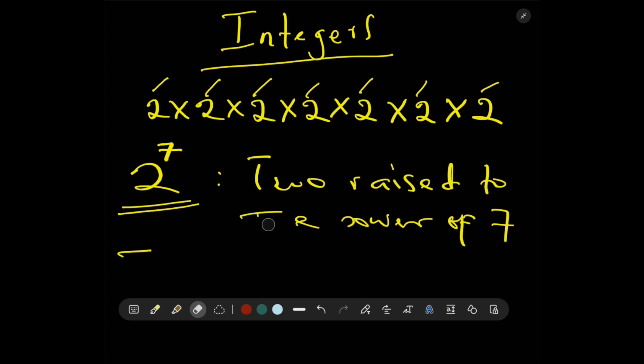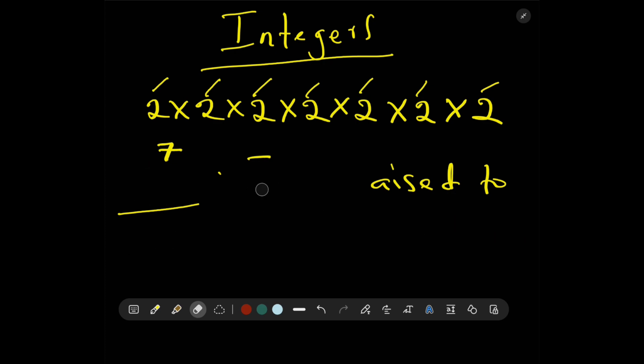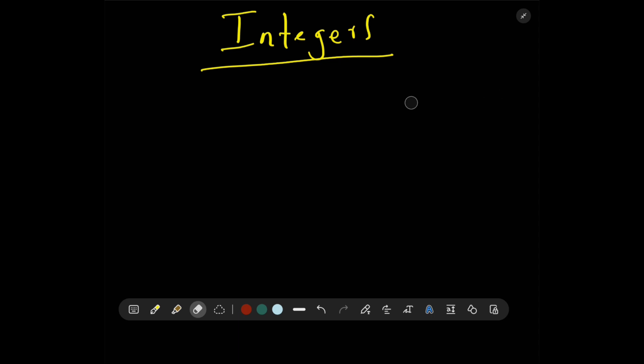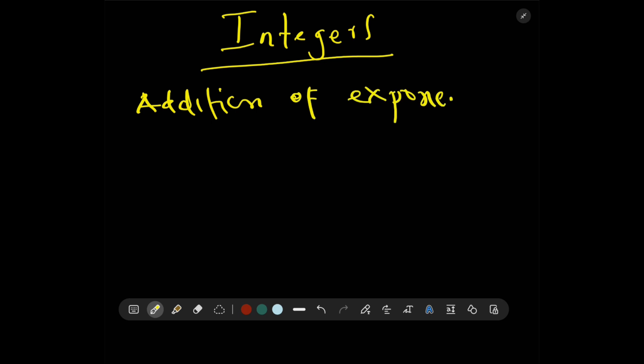Our next topic is addition of exponents. So how do we add exponents together?